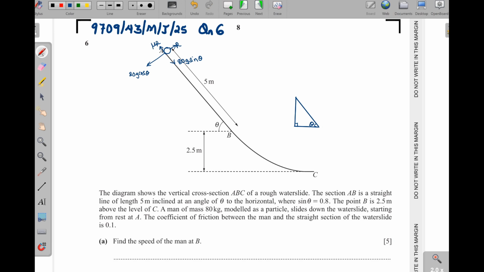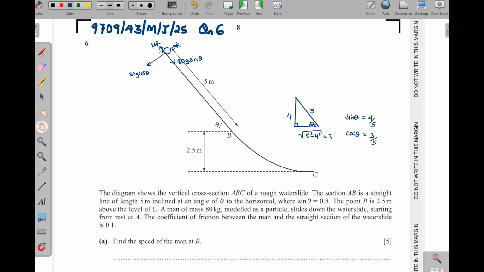Sine is opposite over hypotenuse, so this will be the 4, this will be the 5. And then this one here will be 5 squared minus 4 squared under the square root, which is equal to 3. So sine of theta is equal to 4 over 5, and the cosine of theta is going to be 3 over 5.